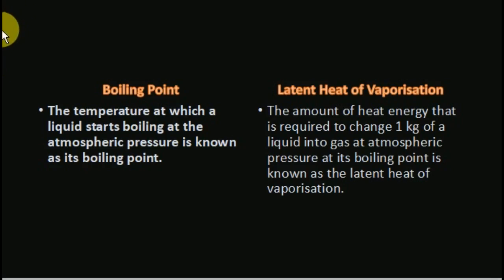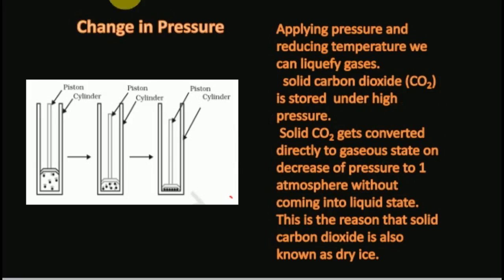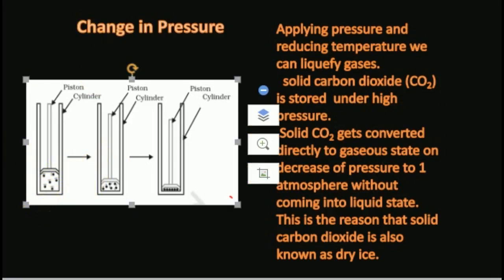Now we will see change in pressure. What happens when a change in pressure takes place? In the previous video, I told you that when we increase the pressure in the case of gas, the particles will come closer, and then more closer.